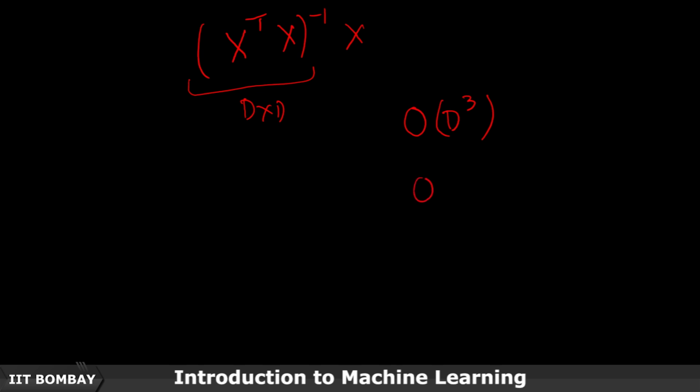With smarter methods you can go down to order d to the power 2.6 or 2.7. Even that is quite expensive when d is large. So what we need is a computational method that can give us the same solution, but without having to do order d cubed operations. And this is where we start to use gradient descent.